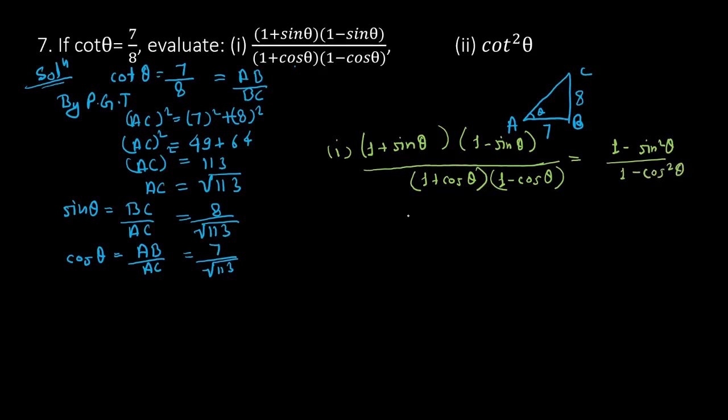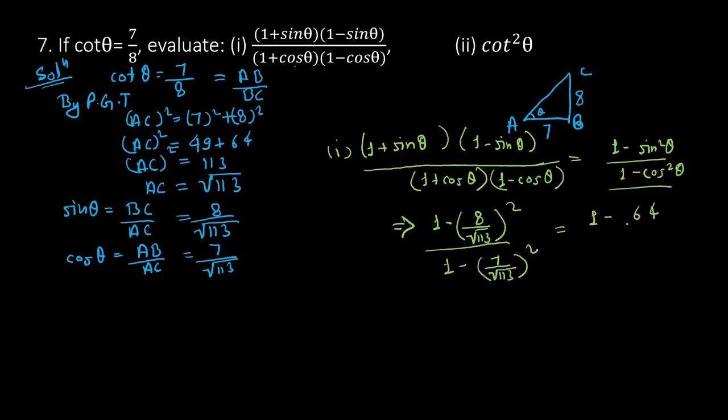Now we will put the value of sine and cos in this one. So it equals 1 minus 8 upon under root 113 whole square, upon 1 minus 7 upon root 113 whole square, equal to 1 minus 8 8s are 64 upon 113, upon 1 minus 7 7s are 49 upon 113.